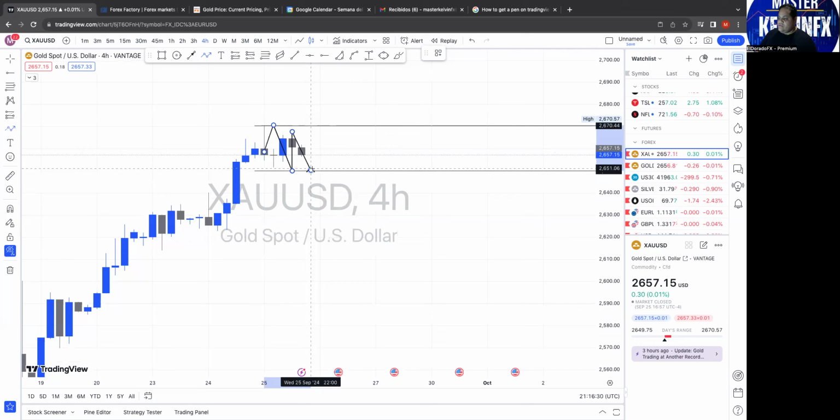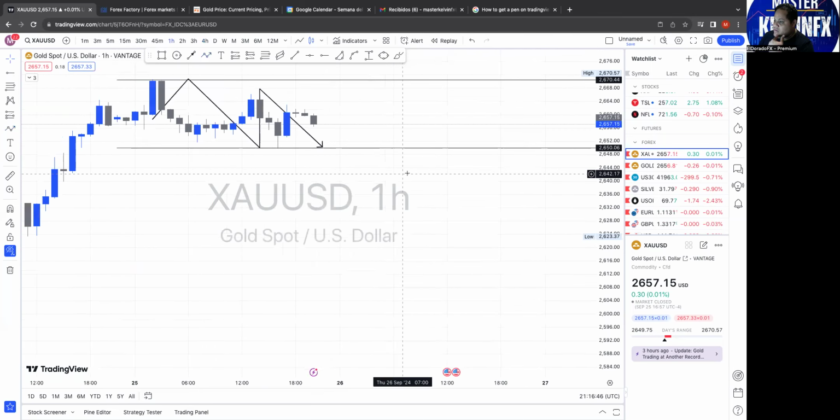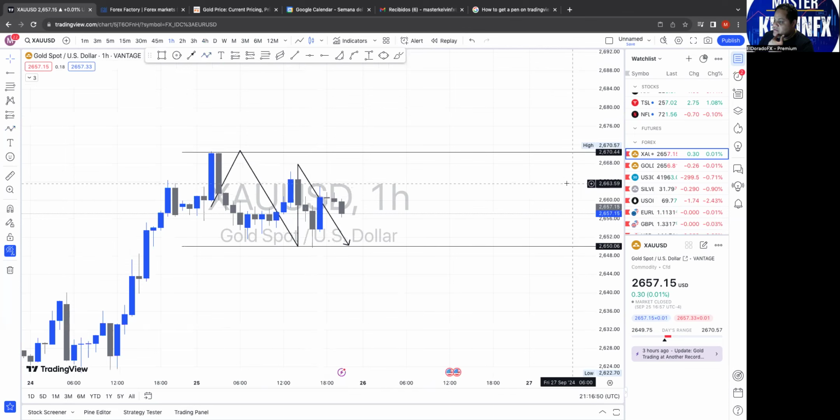So what we do in this case is check confirmations for a buy in this area here. But before that, I'm going to go to the 1 hour to check the move in a little more depth, and then we can establish what we call a zone.